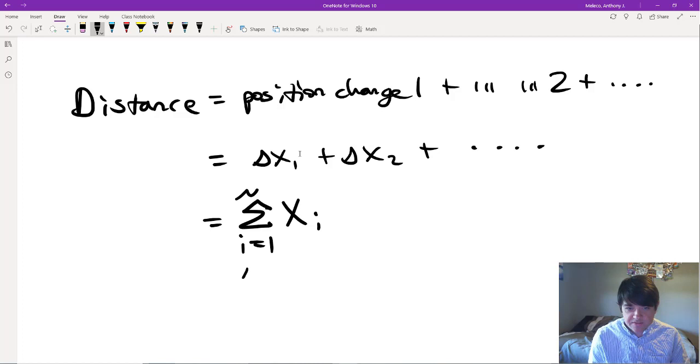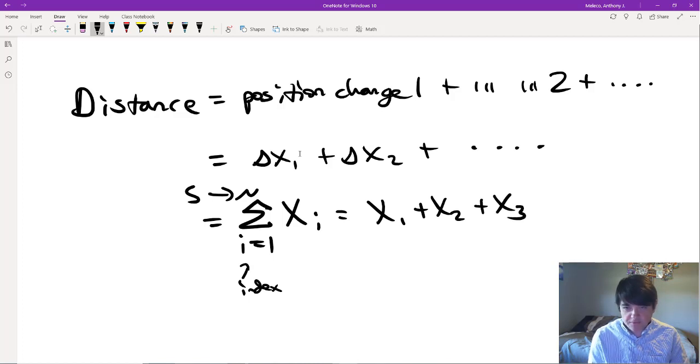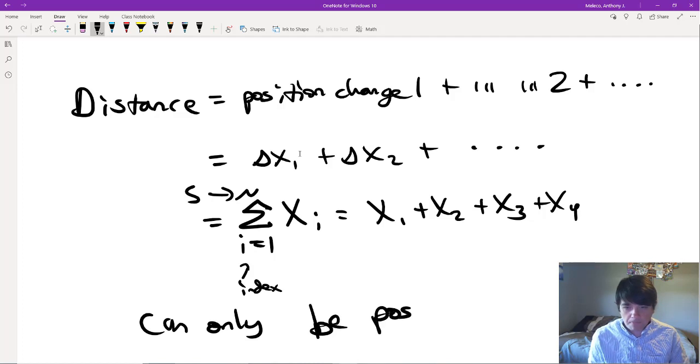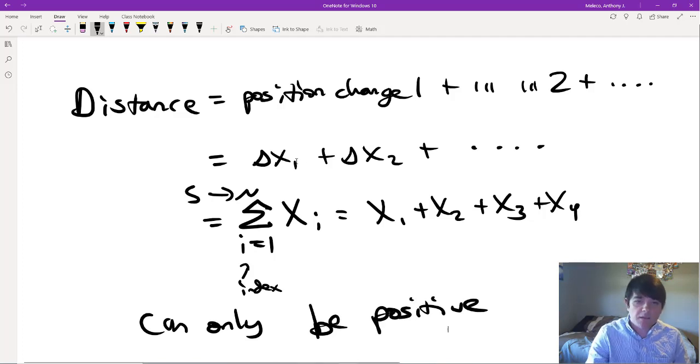And this represents, this is an index, okay? It's used to count 1 to 5. And this just means x1 plus x2 plus x3, or if you want to add the delta there to represent the change. Okay, so this can only be positive. And the symbol for distance is just x, okay, or d.